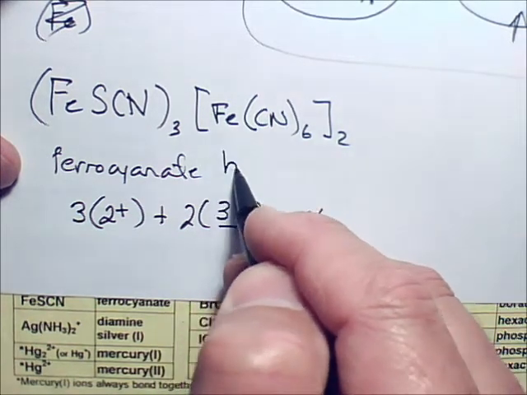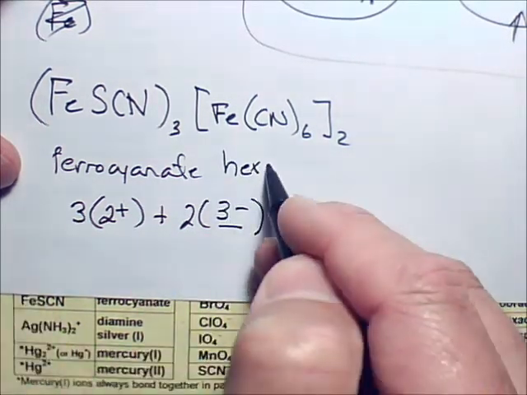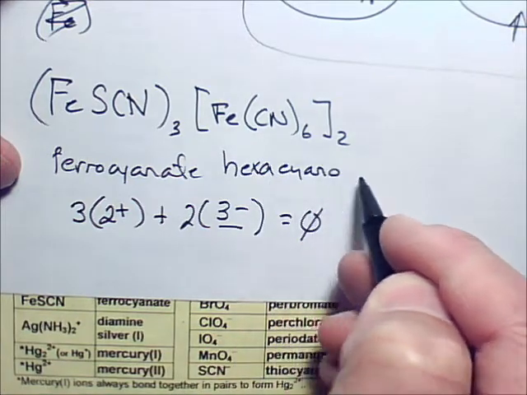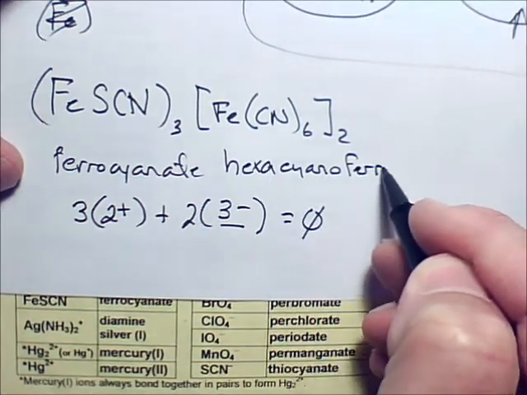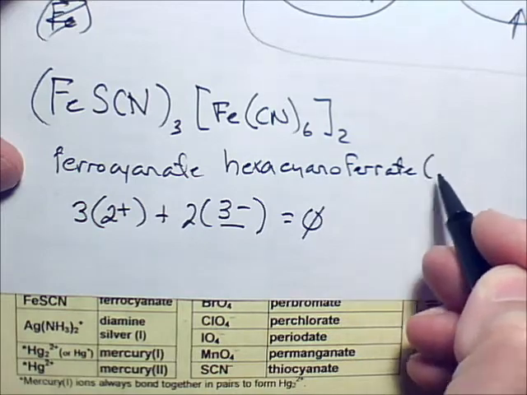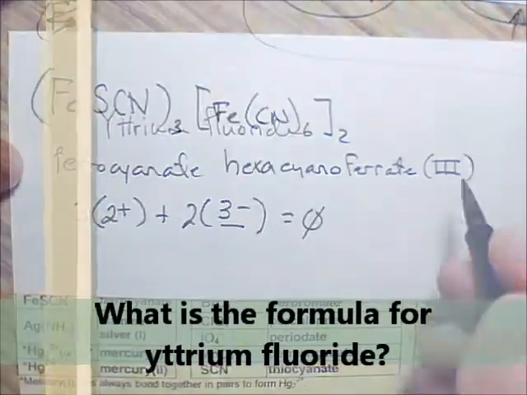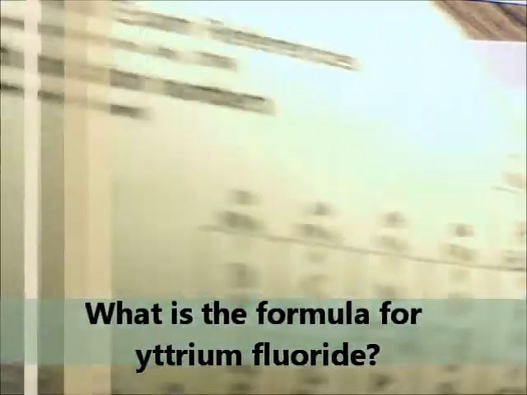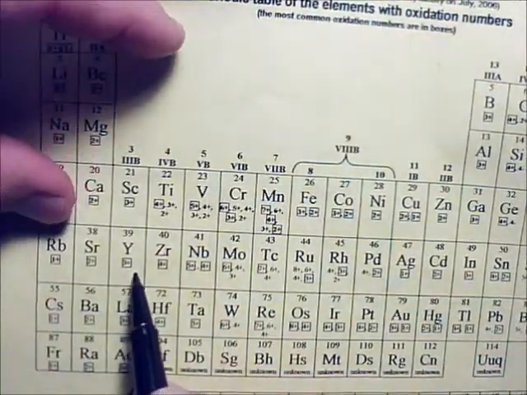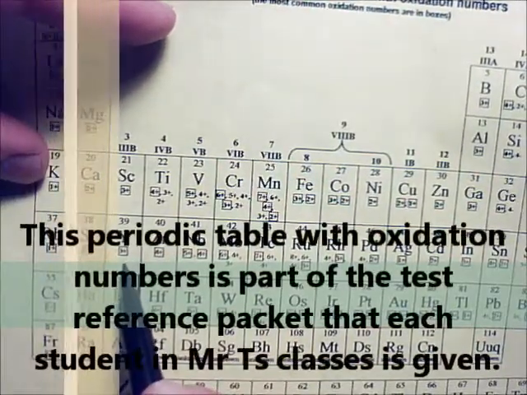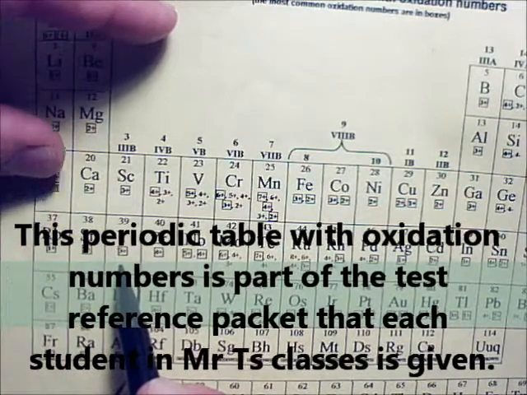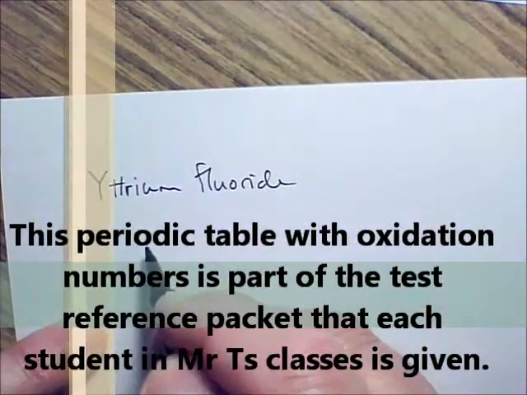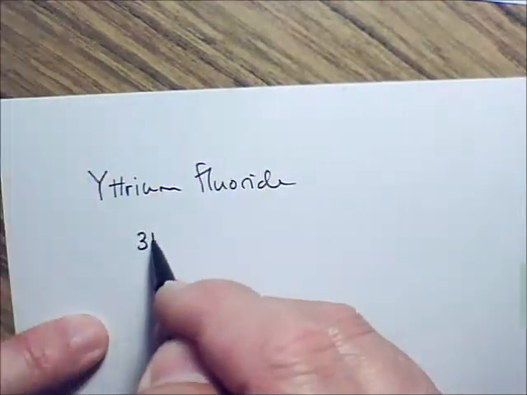So the name of this then is hexacyanoferrate 3. Here we go. So yttrium is right here. And what charge does it have? 3. So we know we got to have a 3 plus here.